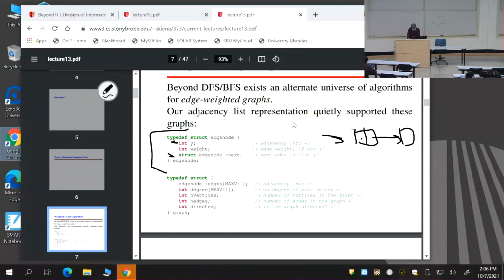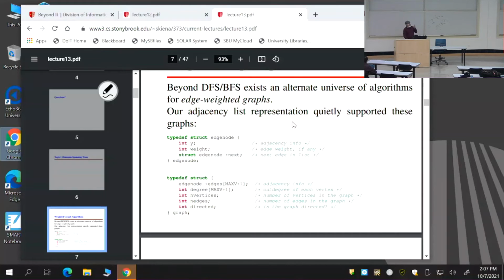If we add another field to every node with the weight, we can represent edge-weighted graphs using an adjacency list. Now there are three fields: what vertex is represented by this, what's its weight, and what's the pointer to the next thing. Any questions about it? So edge-weighted graphs fit very comfortably into our world of adjacency lists. Any questions about that?